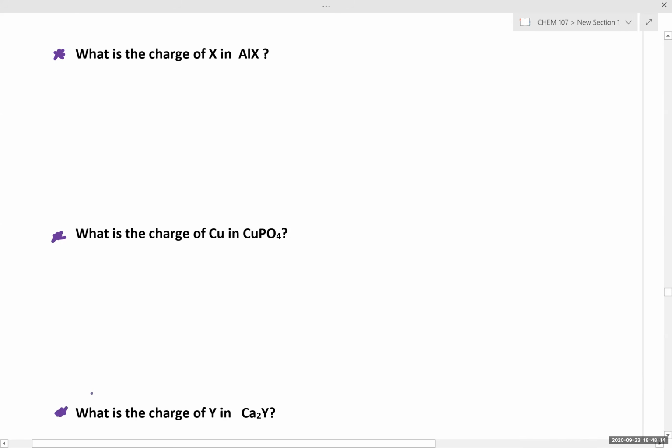Finally, I'd like you to assign the charge of Y in Ca2Y. So this will be the last set of examples for today, and we'll give everyone about 4 minutes to work on these examples, and then we'll come together as a group to discuss.